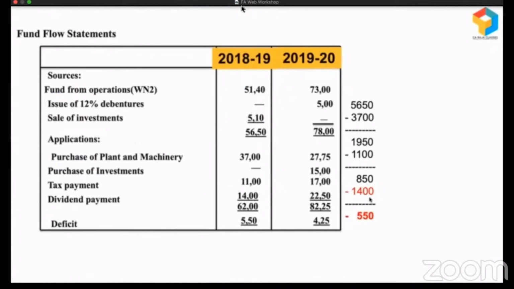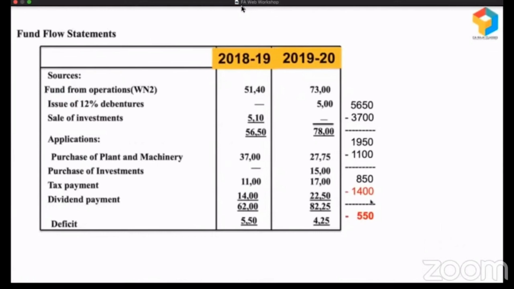Or the other way is, when they have an investment to take place to the extent of 3,700, why are they paying dividend? They could have used this money for funding that. They didn't. They paid dividend when they don't have adequate funds. When they had only 850, they paid 1,400. They simply diverted short-term funds for long-term purpose.